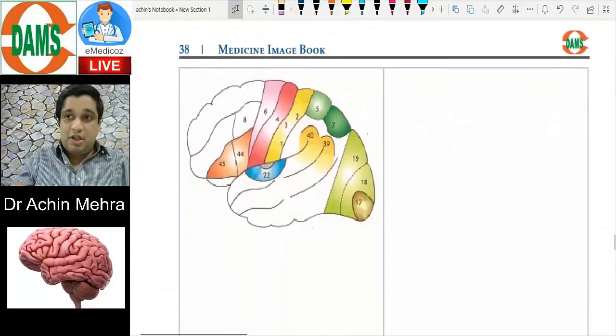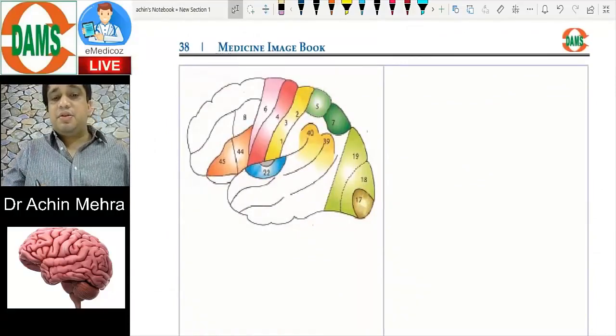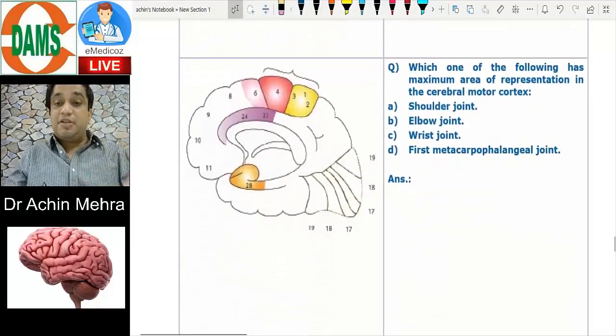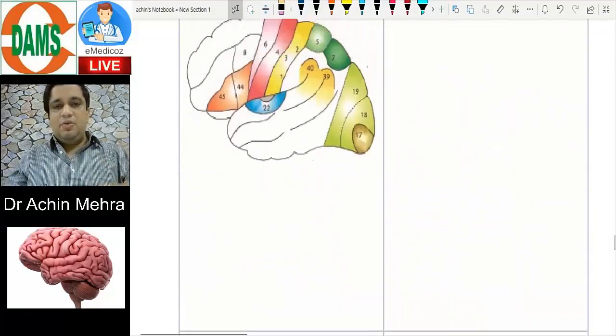Okay. Now we have an image which shows various areas being numbered, and we have to locate which area it is and what could be a neurological deficit if something went wrong in that particular zone. So there are two sections, one is a lateral view of the brain and one is a medial view of the brain, and some easy questions attached to that. Now let's look at this.